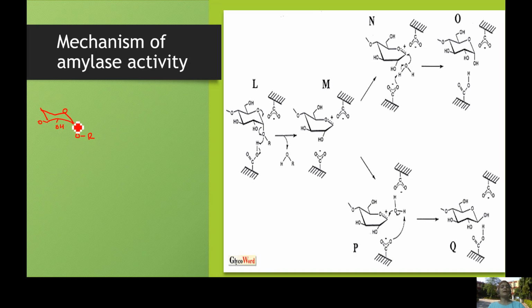You can do that yourself. So we assume that this is the rest of the glucose units here. Now, in the active site of the enzyme, there are two aspartate units which are involved in the reaction.